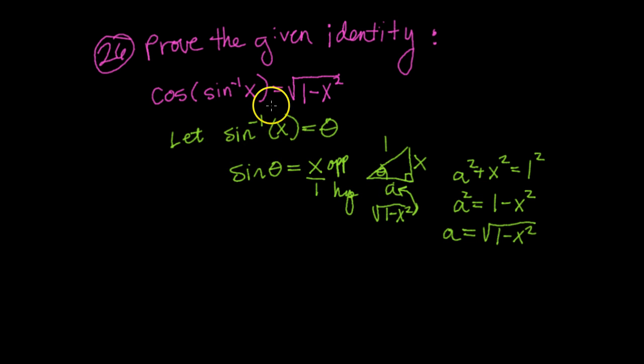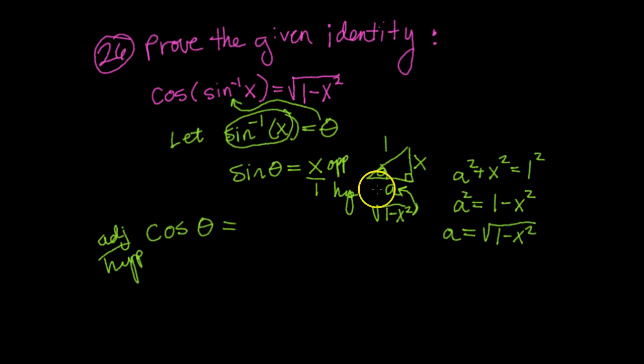Now remember, since we let this sine inverse equal theta, that goes in right here. So really I'm looking for the cosine of theta. The cosine of theta is adjacent over hypotenuse. According to this triangle, the adjacent leg is the square root of 1 minus x squared over the hypotenuse, which is 1.